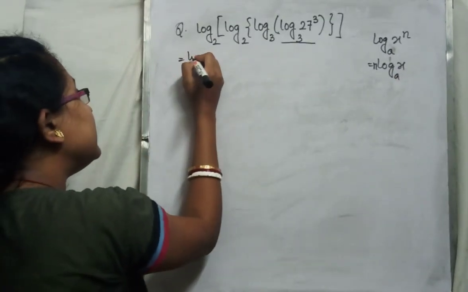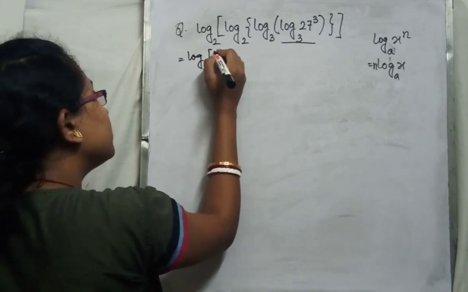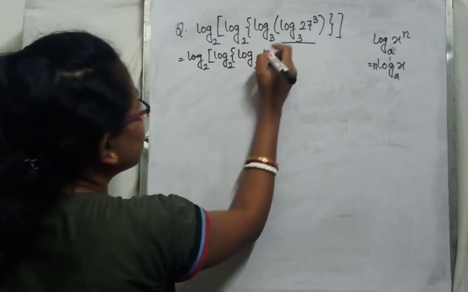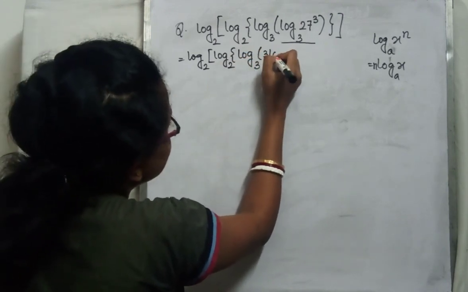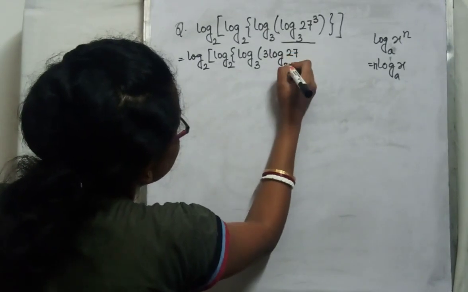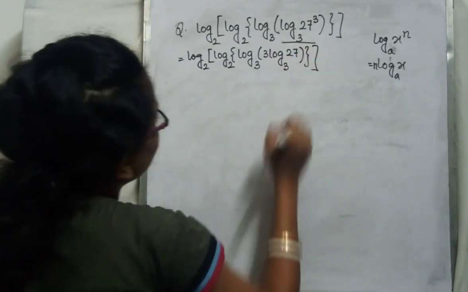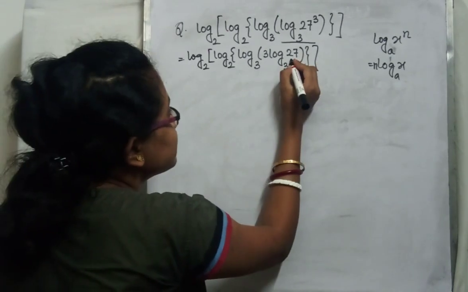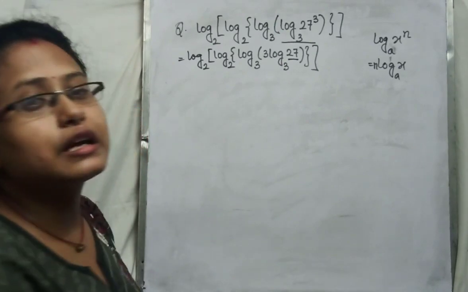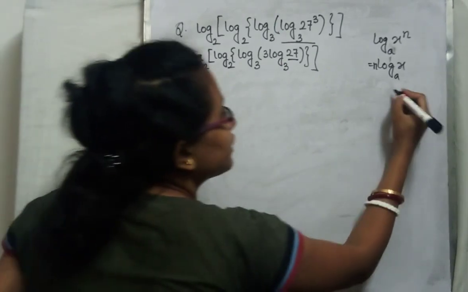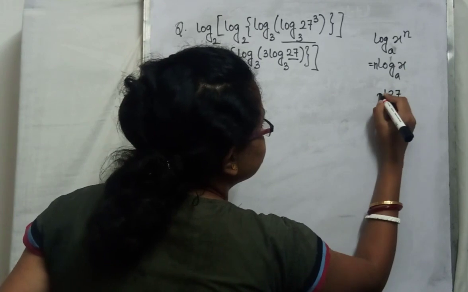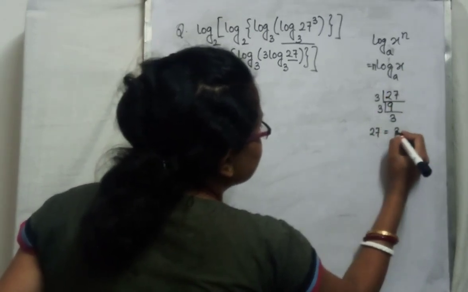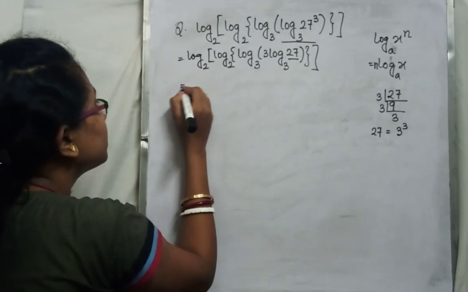This formula you can use here. So what will be the next line? The next line will be 3 log 27 base 3. And in the next step, we will do the factorization, because from 27 we can't do anything. So factorize 27. This will be 3 to the power 3.